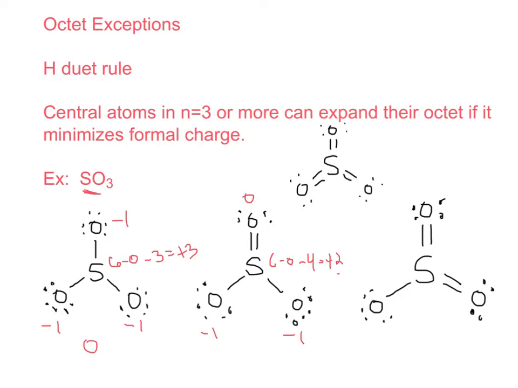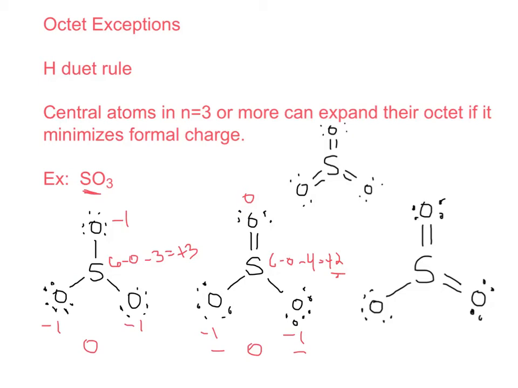So again, +2, -1, -1, net charge 0. So we're better because the formal charge on the sulfur here is lower than here, and we have actually one of the atoms with 0 formal charge.